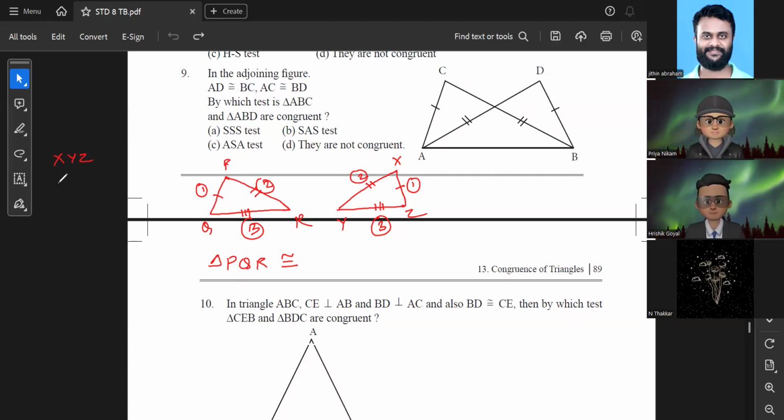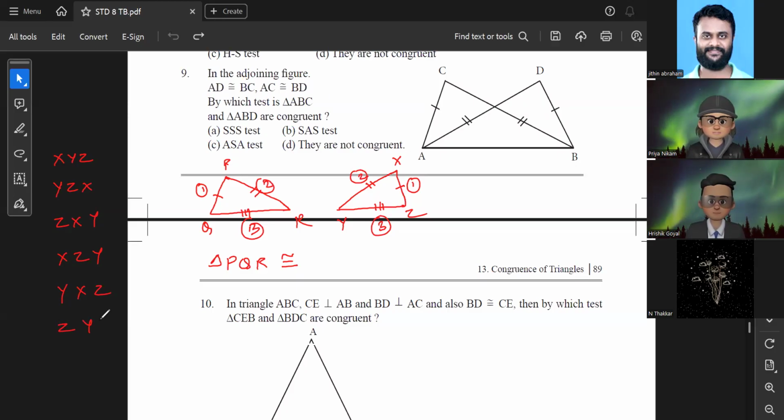XYZ can be written like this, like this, like this, and like this, six different ways we can write it. So these are the six different ways how I can write XYZ. I hope this much is clear.